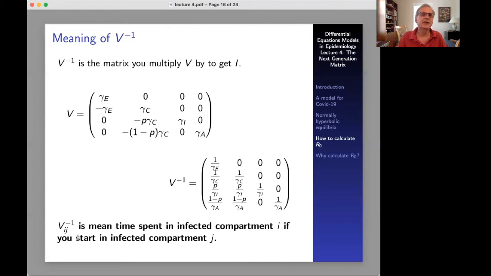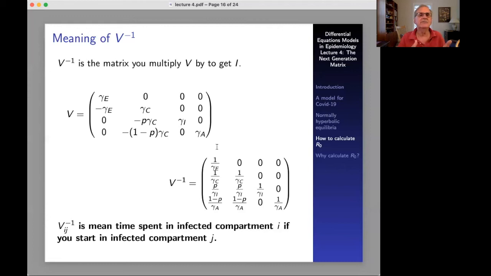V inverse Ij is the mean time spent in infected compartment I if you started out in infected compartment J. So in other words, each column of this matrix gives you the mean time spent in the different infected compartments if you started out in the infected compartment represented by that column. Let's look at the first column. The first column corresponds to infected compartment E, the exposed compartment.